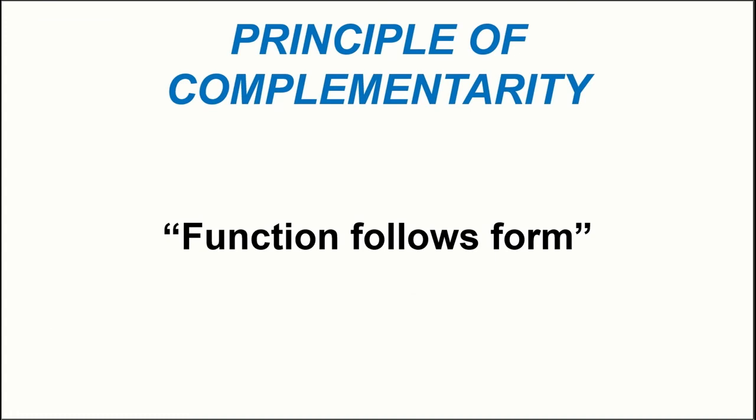Although we often study anatomy and physiology separately because that makes it a lot easier for us, these two disciplines are really inseparable because function always reflects structure. So we have the principle of complementarity, which simply states that function follows form. If you're not quite sure how to apply this, let's take a look at a few examples.